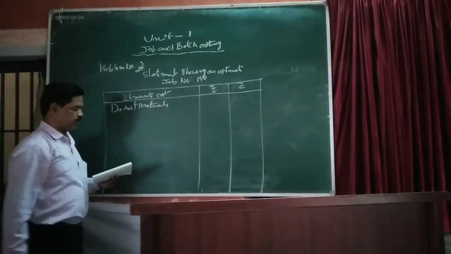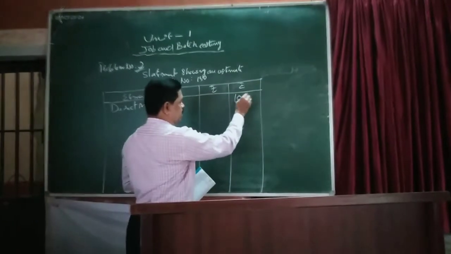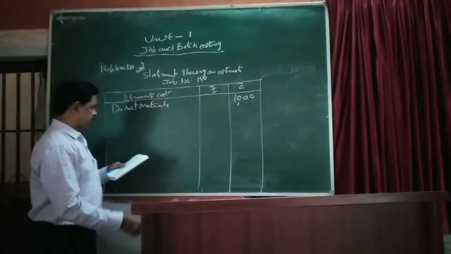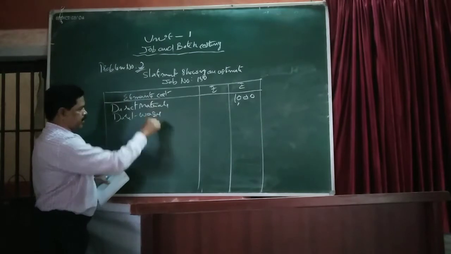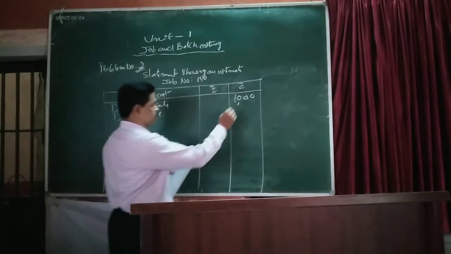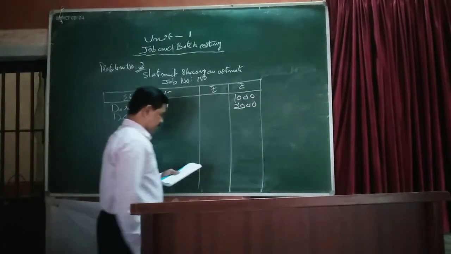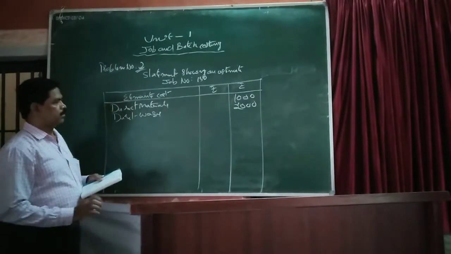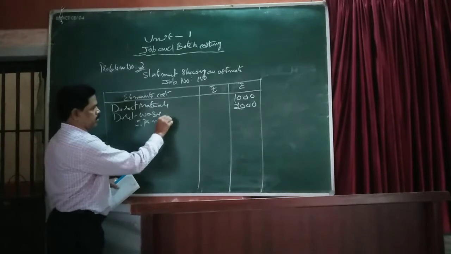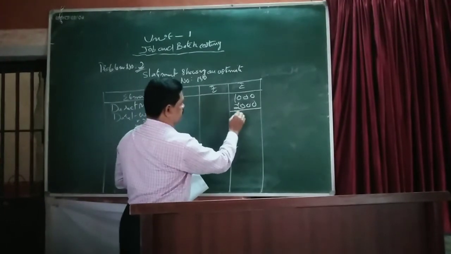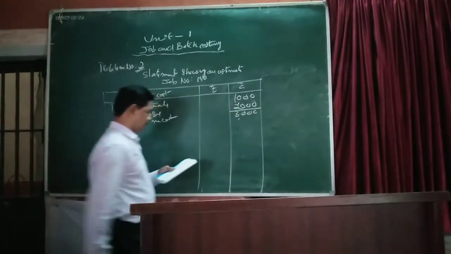Direct materials 1000 is given. Direct wages paid, wage 2000. Here there are no direct expenses, so therefore prime cost is 1000 plus 2000, 3000.